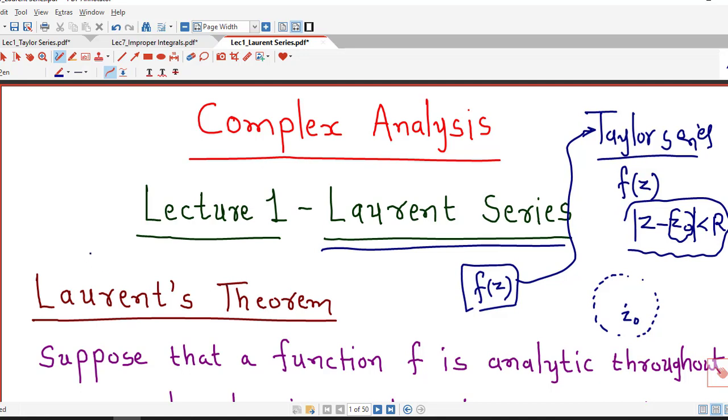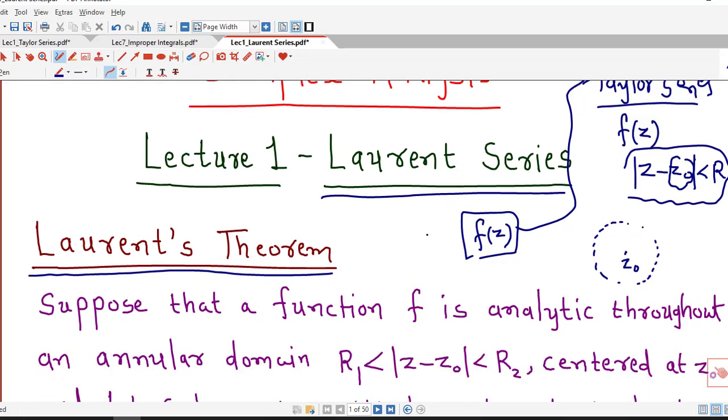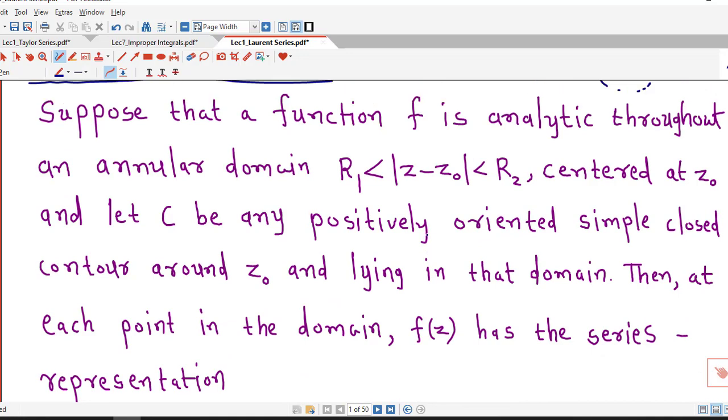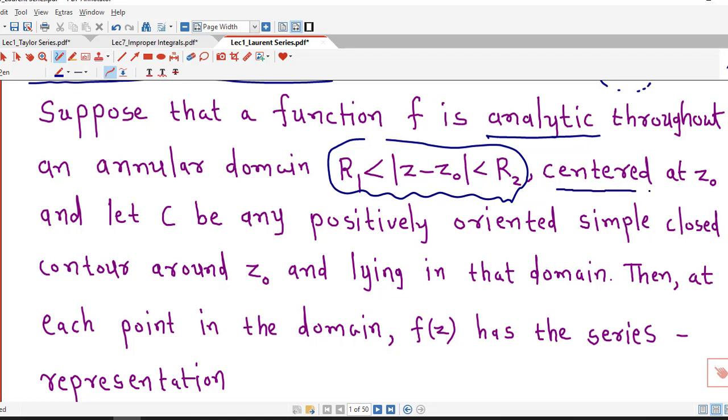So first we discuss Laurent's theorem, which gives the conditions under which our function can be represented as a Laurent series, and then we will understand how to represent a given function in terms of Laurent series. For Laurent series we require that our function is analytic in an annular domain R1 less than absolute value of z minus z0 less than R2 centered at z0.